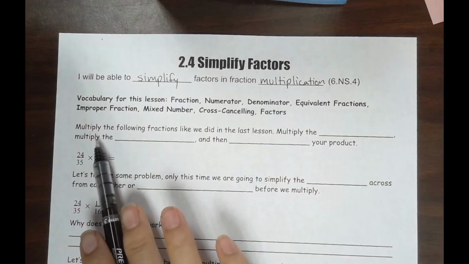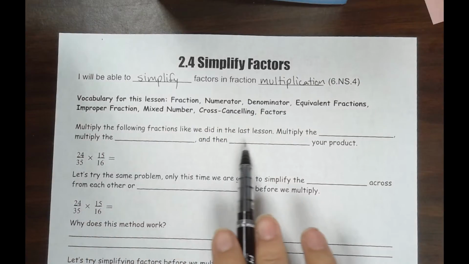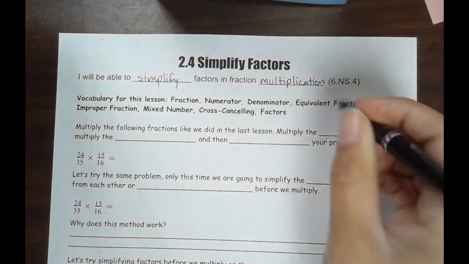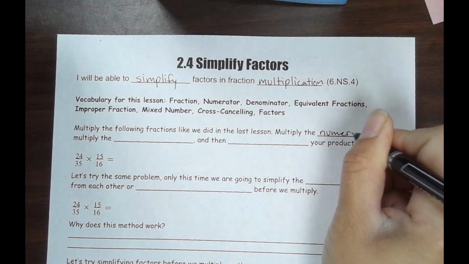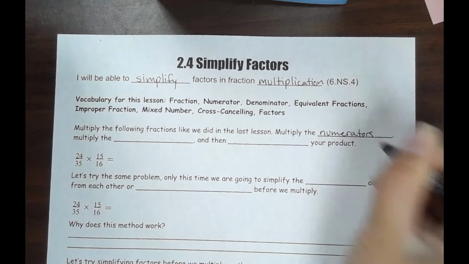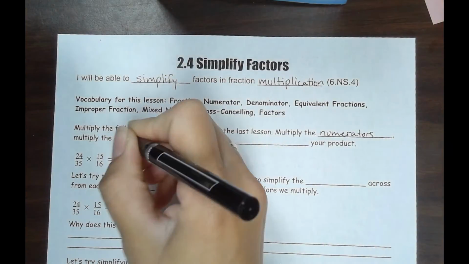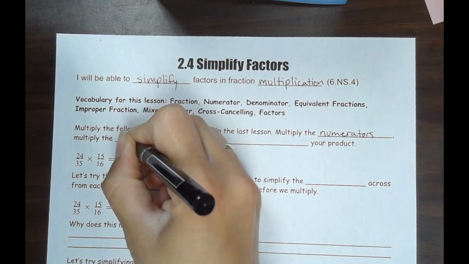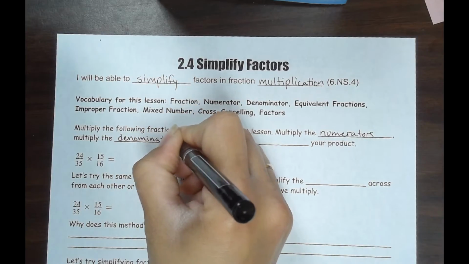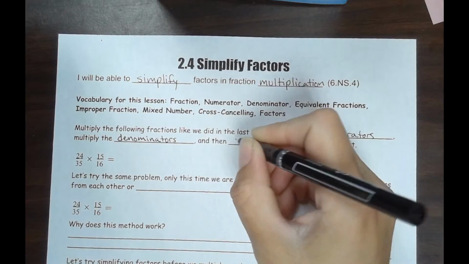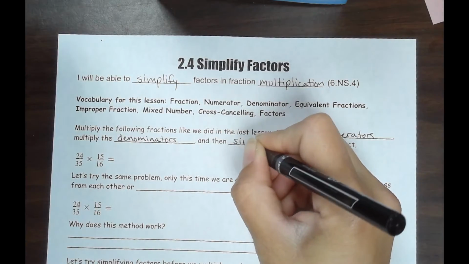All right, so here it says, multiply the following fractions like we did in the last lesson. Multiply the numerators, meaning the top numbers. Multiply the denominators. And then simplify your product.